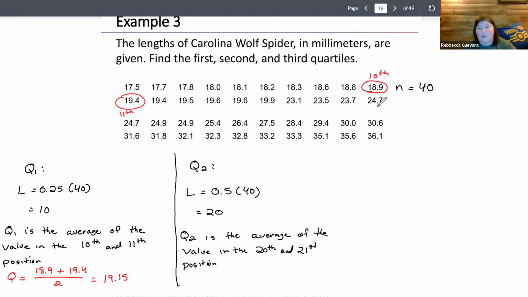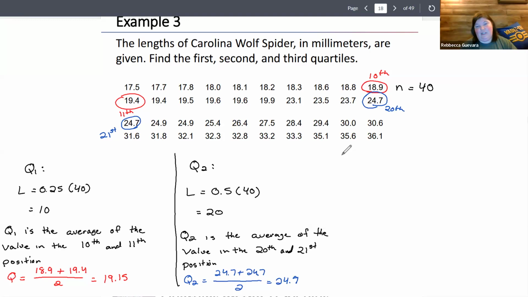So we know this is going to be 20 here, and this will be the 21st. Those values in those two positions will be 24.7 plus 24.7 divided by 2. So it's going to be 24.7. That was an easy one.